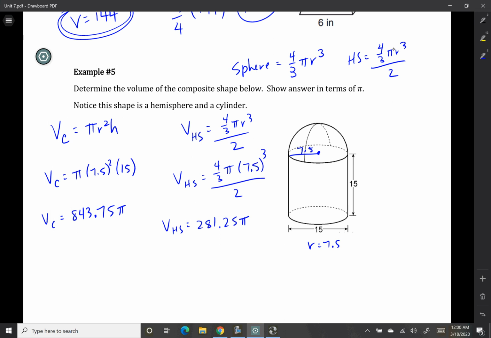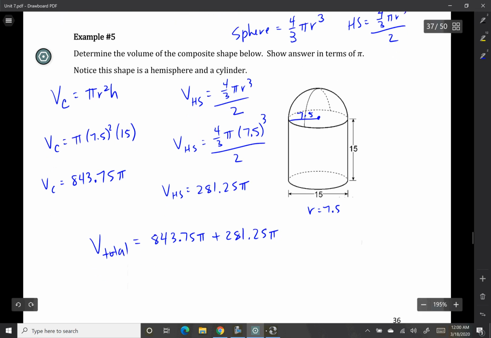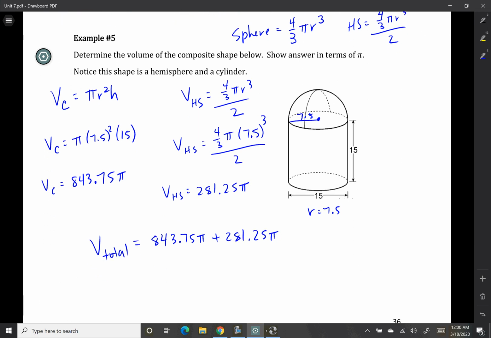Now to find the total volume, we'll write total here for the total volume. I'm just going to add these two things together. 843.75 pi plus 281.25 pi. Now, when adding things in terms of pi, it's just like adding with variables, right?